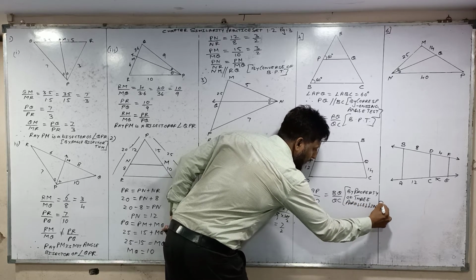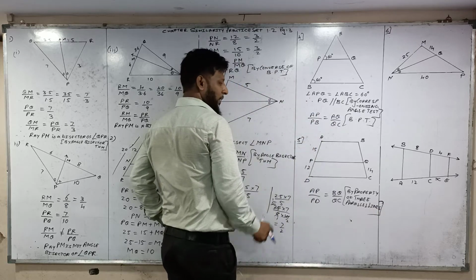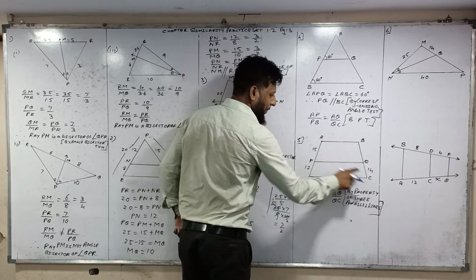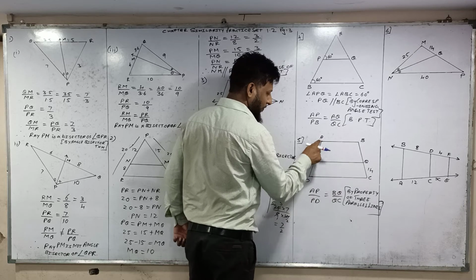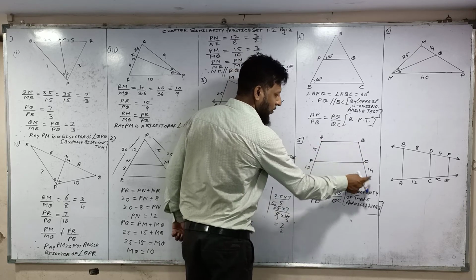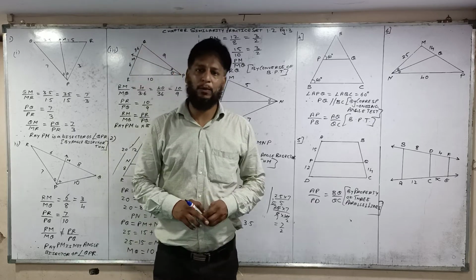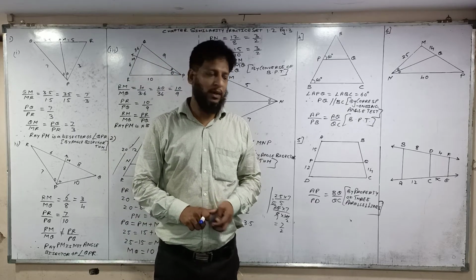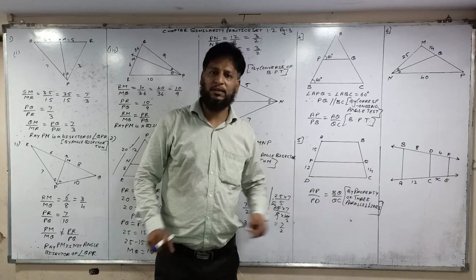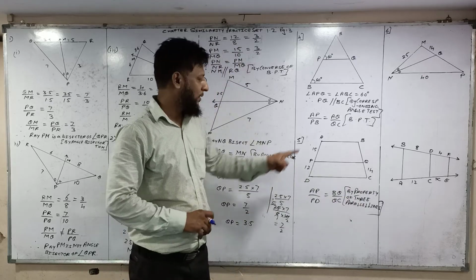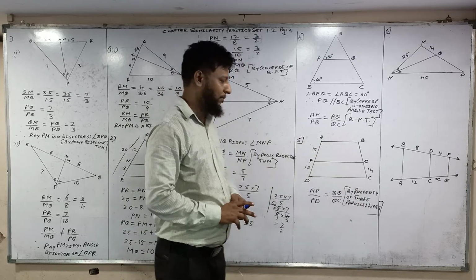By the property of three parallel lines, when these three lines are parallel and this is the transversal, AP upon PD is equal to BQ upon QC, by the basic proportionality theorem, or we can say by the property of three parallel lines and the transversals AD and BC.